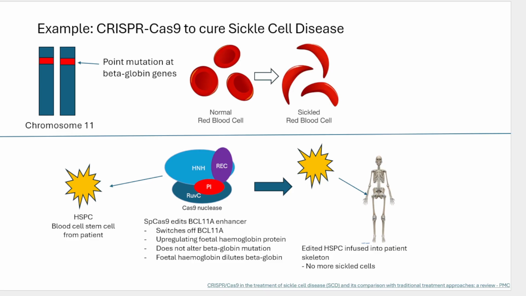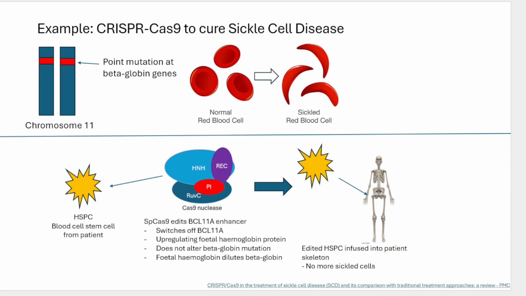Instead, what happens is that the amount of fetal hemoglobin protein dilutes the amount of hemoglobin that causes the sickle cell disease. Now you infuse these HSPC cells back into the patient, into their bones, and because of that stoichiometric difference of fetal hemoglobin being more than the amount of hemoglobin causing sickle cell disease, you effectively get blood cells that are more likely to become useful again, normal quote-unquote red blood cells that are no longer sickled.